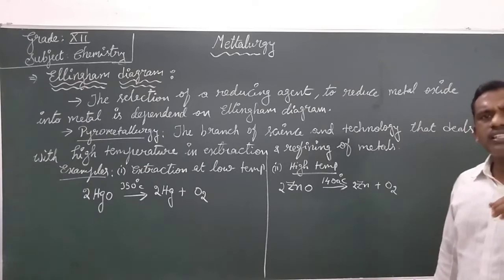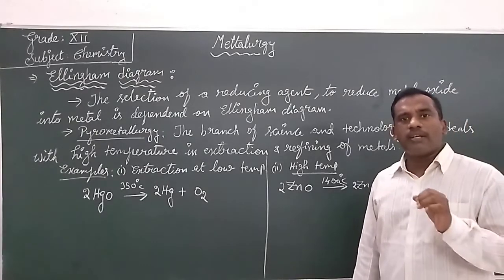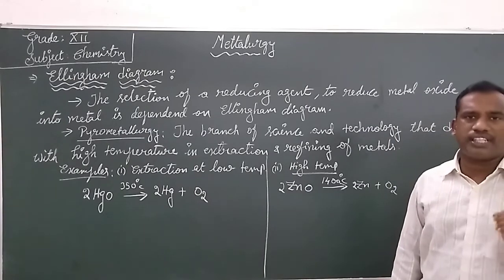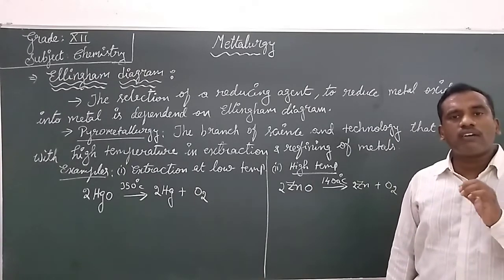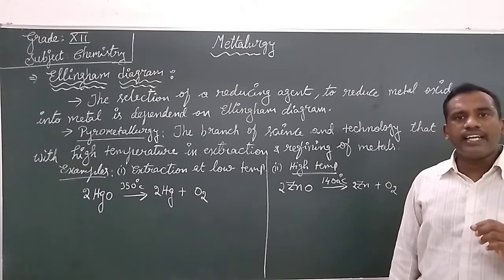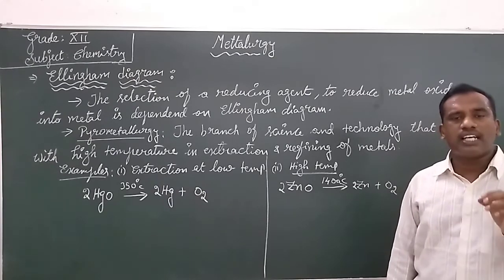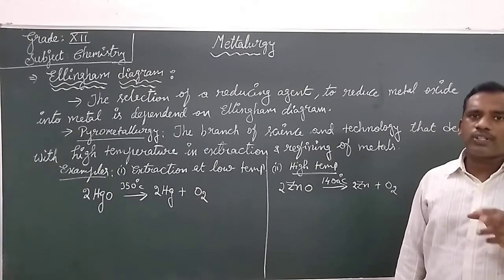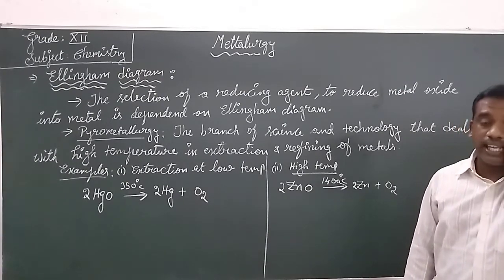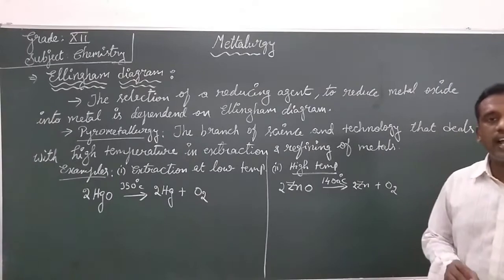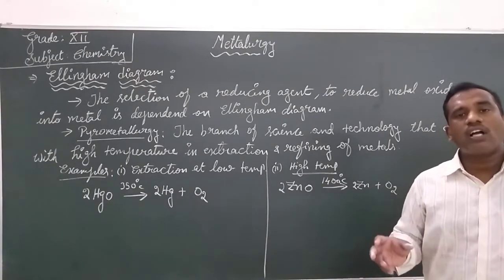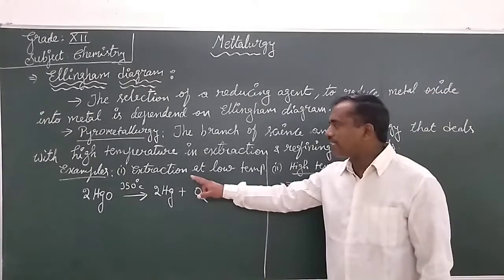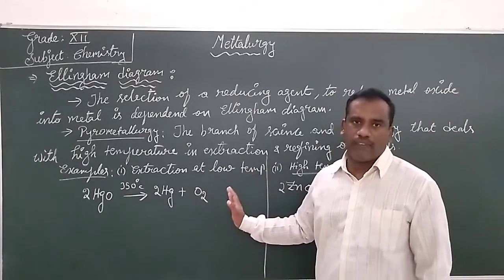Here there are some metal oxides that can be reduced to metals at low temperatures, but most metal oxides need very high temperatures to be reduced into metals. So we have chosen both examples here. One example I have taken is a metal oxide that needs a lower temperature for extraction.